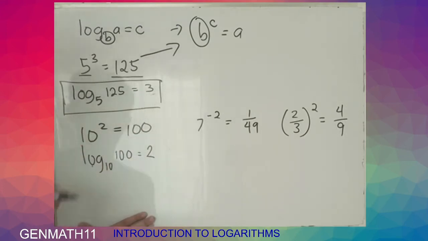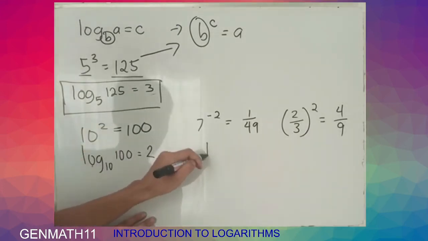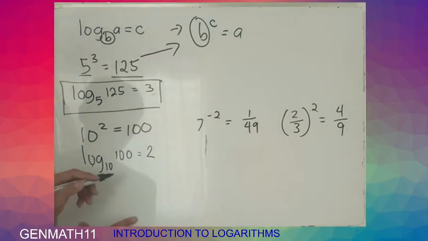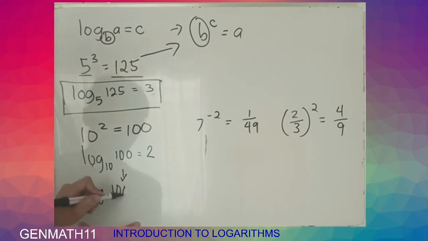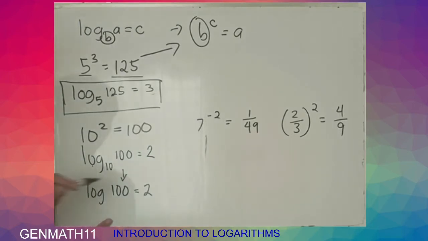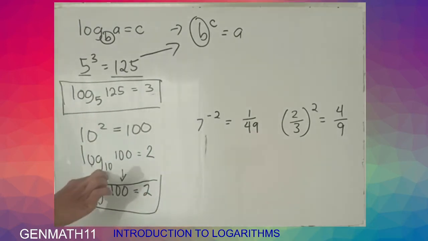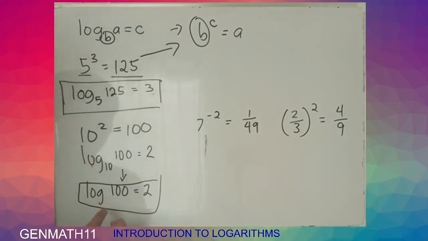Yung exponent. Next. Since yung base natin is 10, pwede natin siyang isulat as log 100 is equals to 2. Okay? Ito na yung tamang sagot natin. Pareho lang naman silang dalawa, pero ito yung simplest form ng ating given na logarithm.